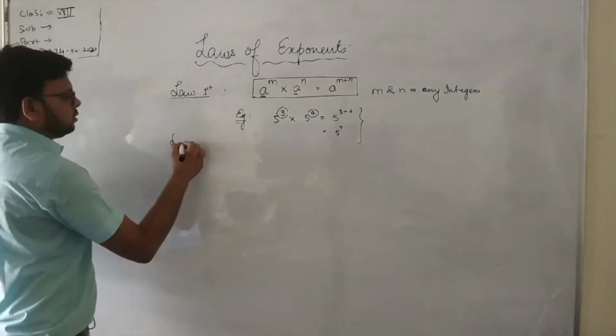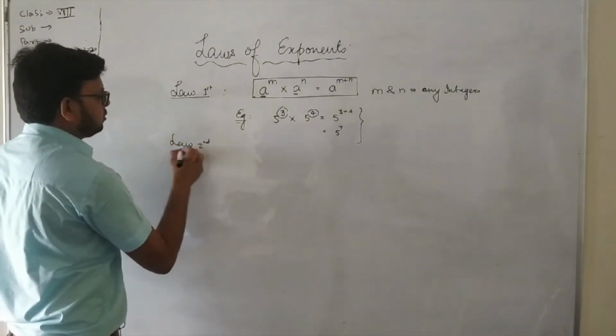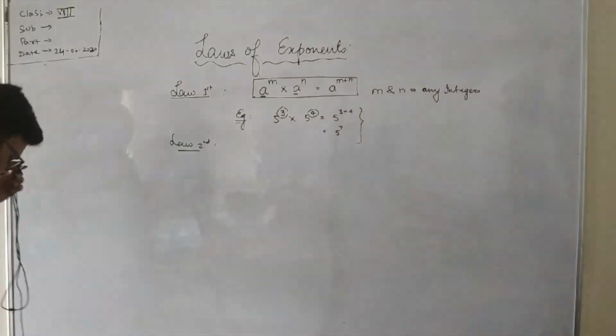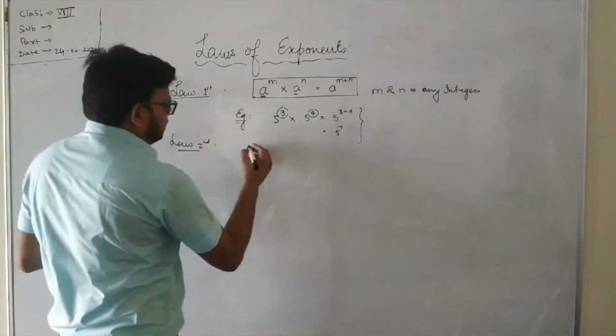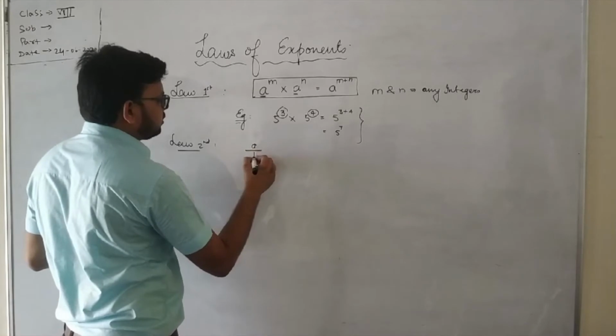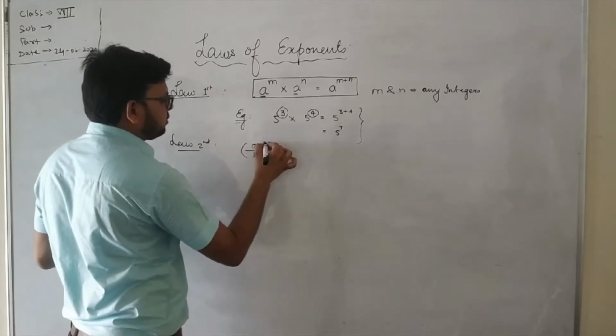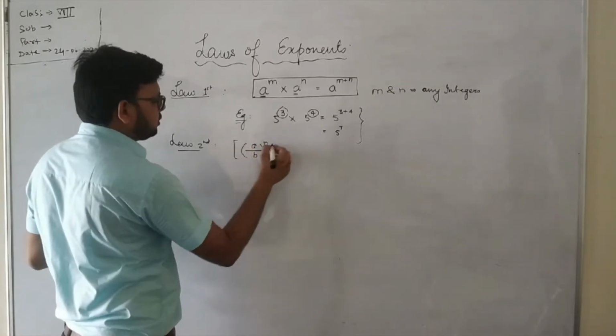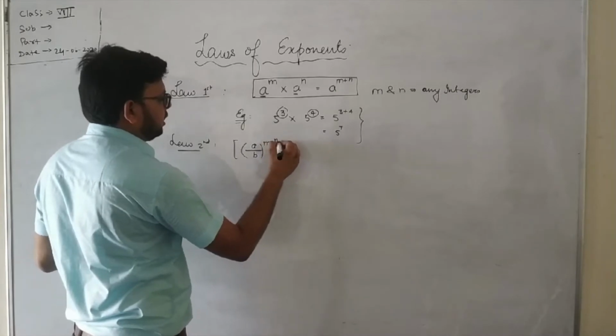Now take the second law. What does the second law tell us? (a by b to the power m) whole to the power n.